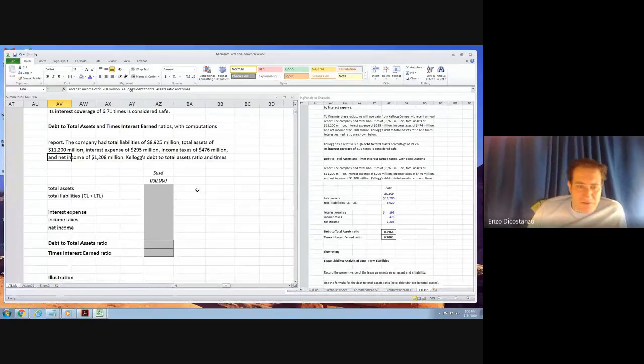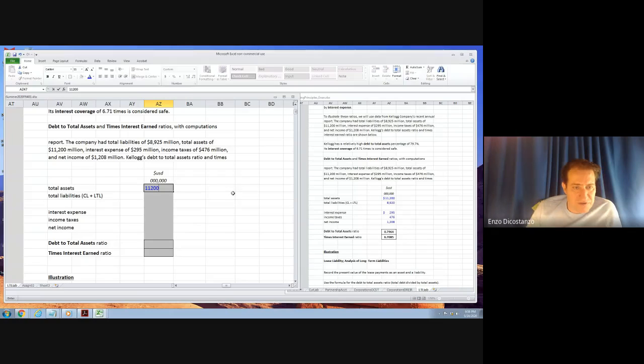This is in millions, and we're going to say total assets are 11,200,000,000. That's 11,200. This is 8920. This is 295. Interest expense 295 million, 476 million. 1,208,000 is right there.